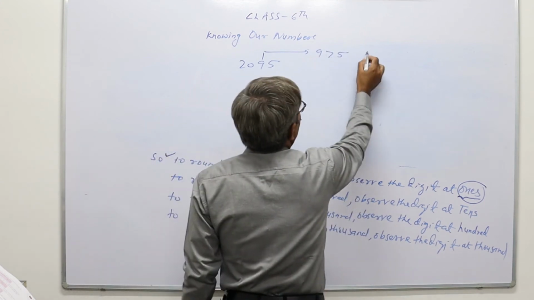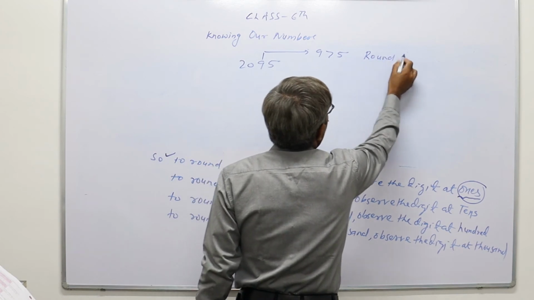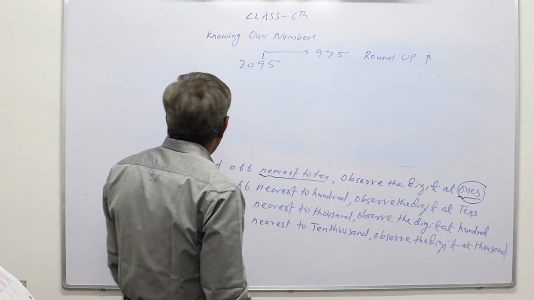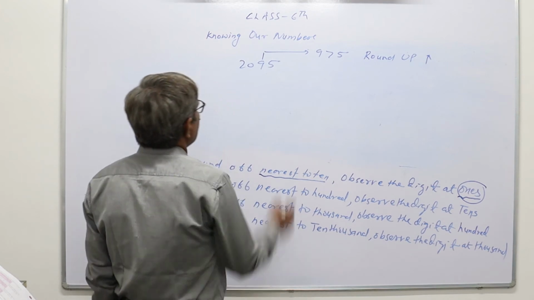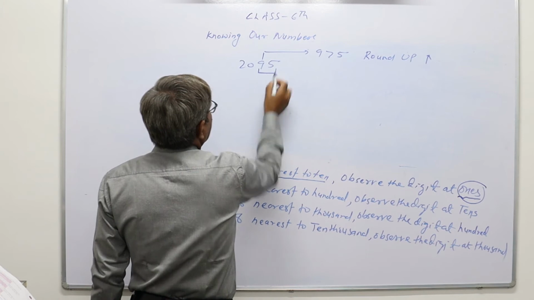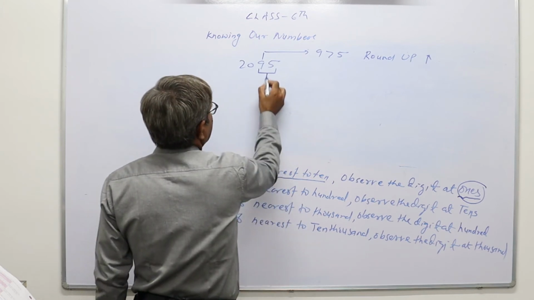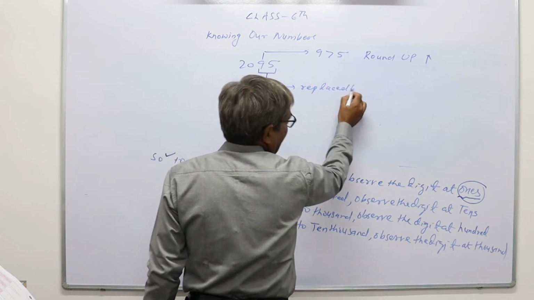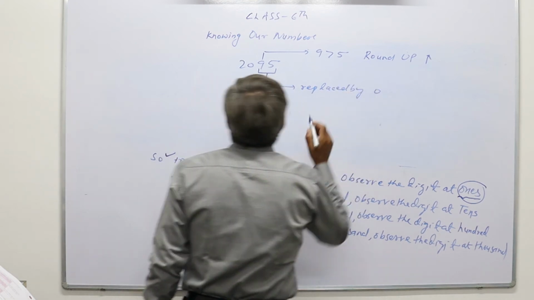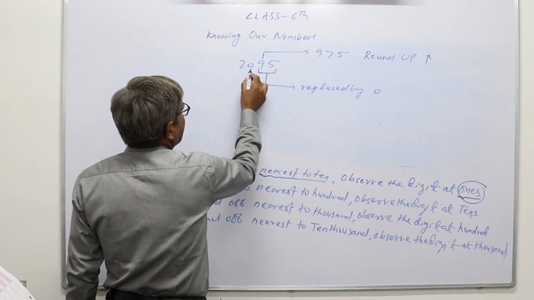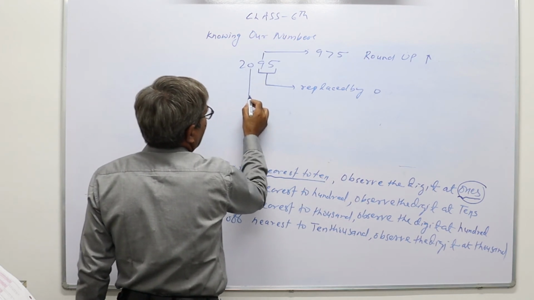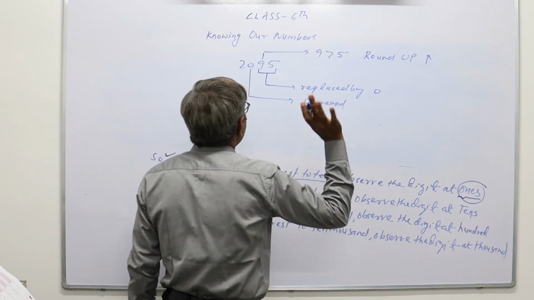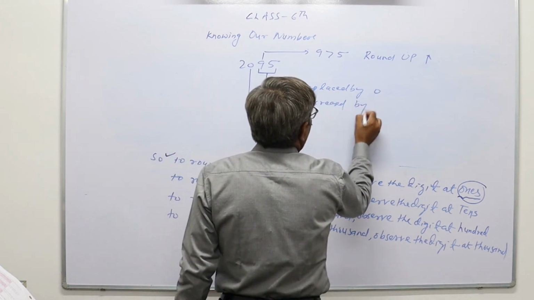So we will round up. Now we have to round off nearest to 100, so these two digits, the ones and tens place digits, will be replaced by 0, and the digit at hundreds place will be increased by 1.